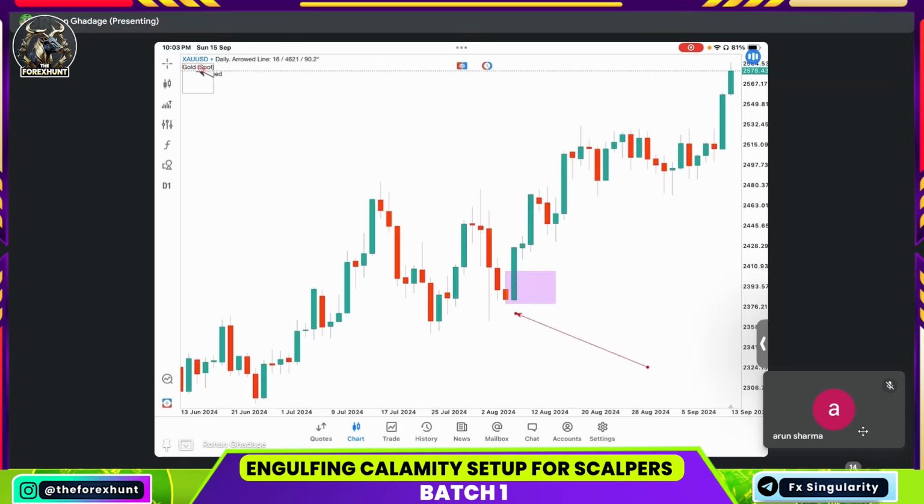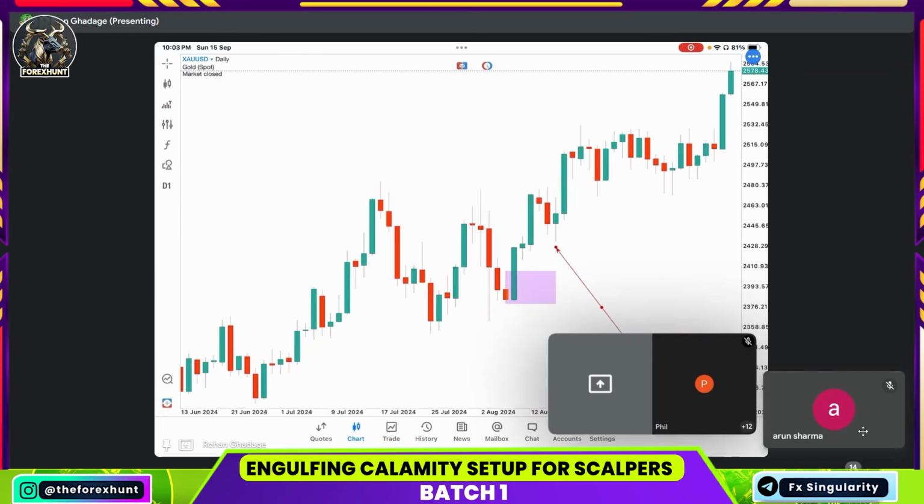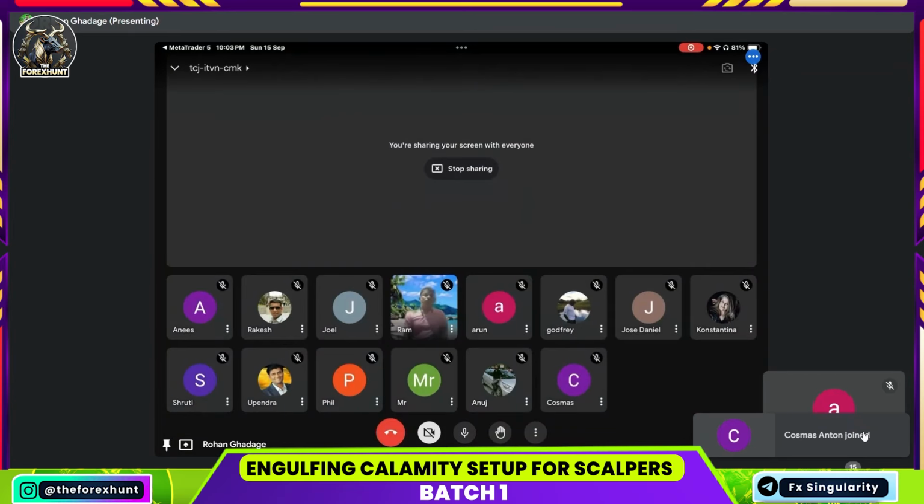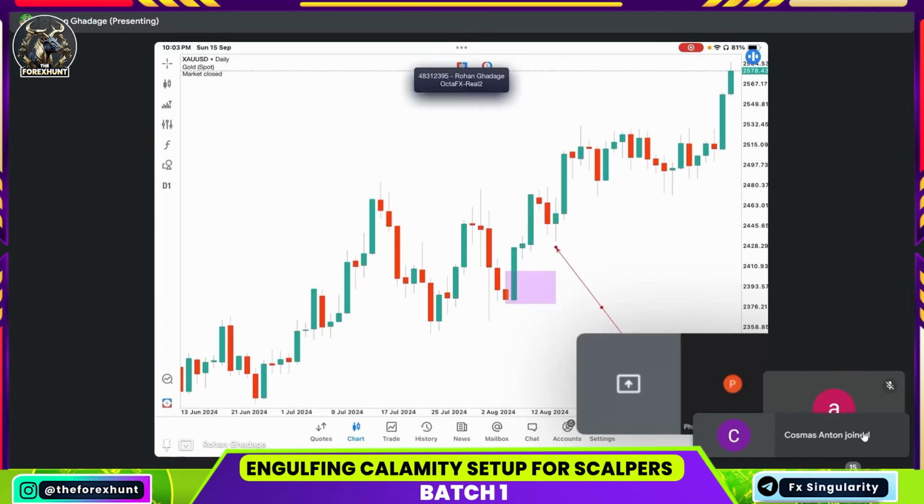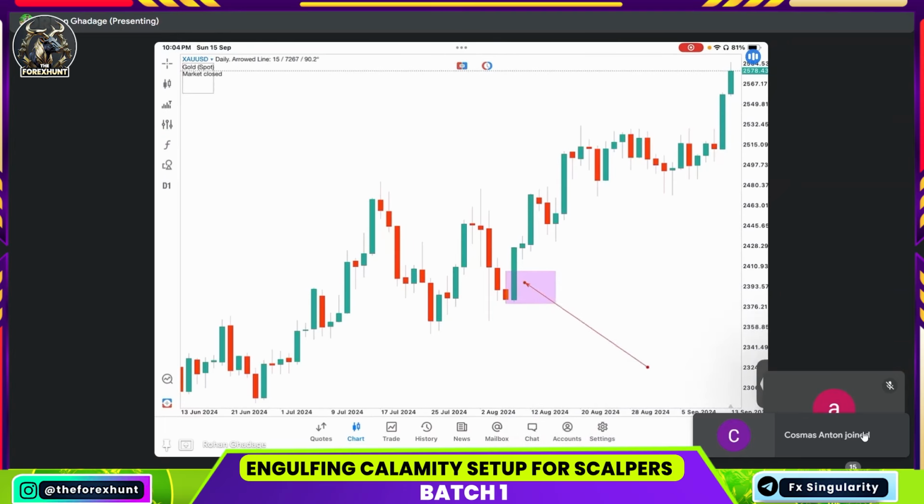It can float 10, 20, 30, 40 pips, any number of pips, from downside to upside. The most important thing is the red candle's upper wick, lower wick, and the green candle's closer above the purple box. So this is how you will mark your type 1.